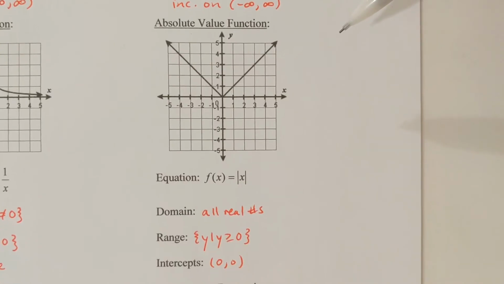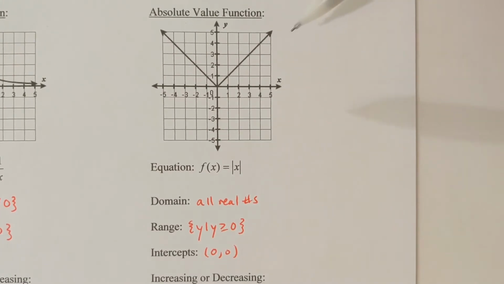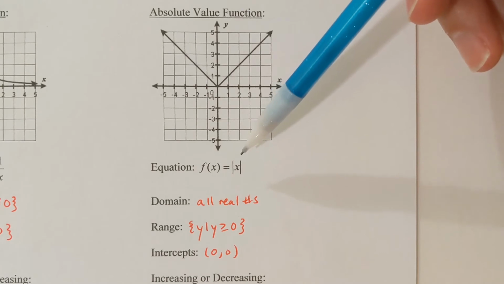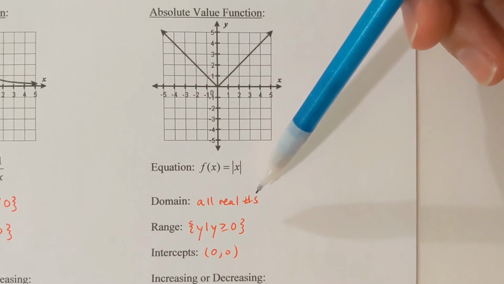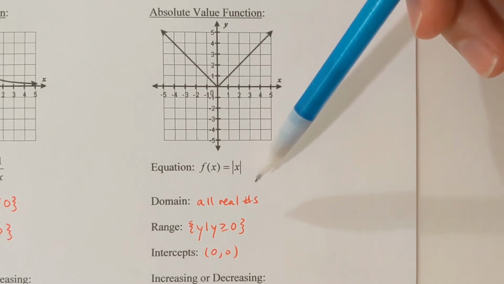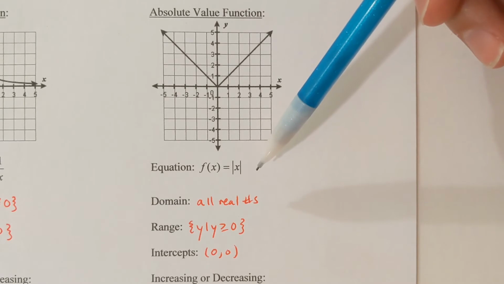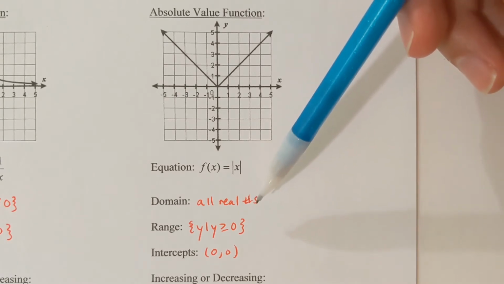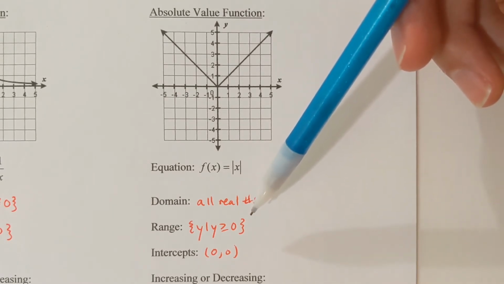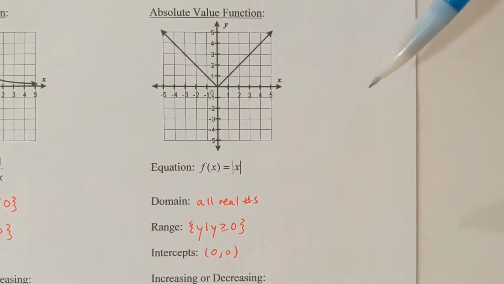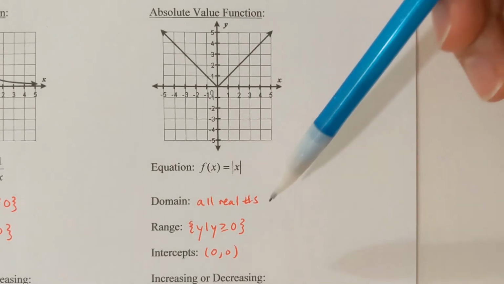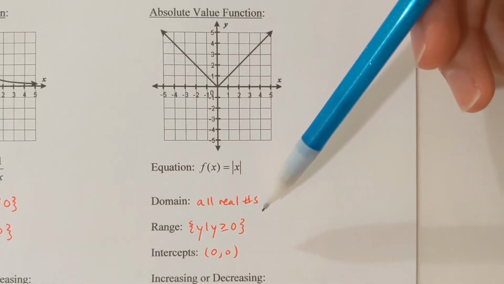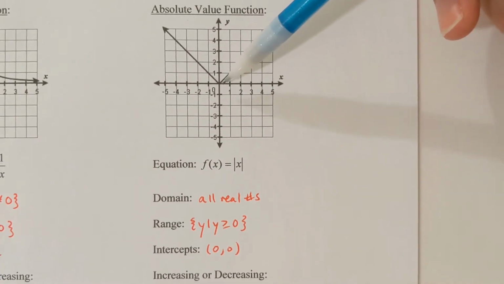Okay? And the absolute value function is a v-shaped graph. Y equals the absolute value of x is the equation. The domain is all real numbers. So I can take the absolute value of any number I want. The range is the set of all y's such that y is greater than or equal to 0. For any value of x, the absolute value of a number is never going to be negative. The intercept, the one and only, is at 0, 0.